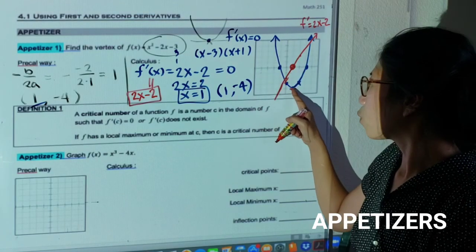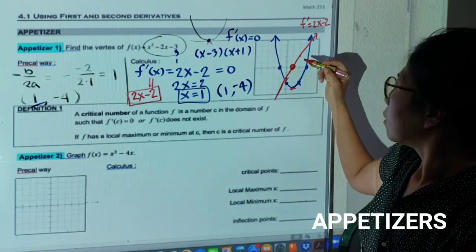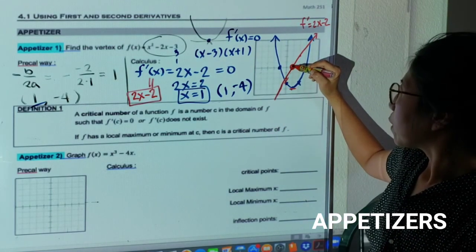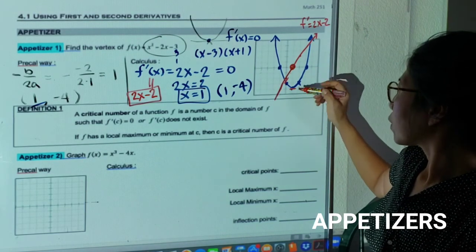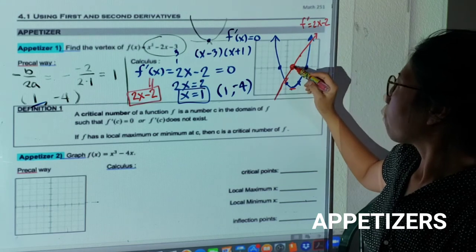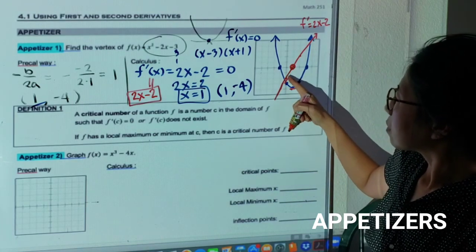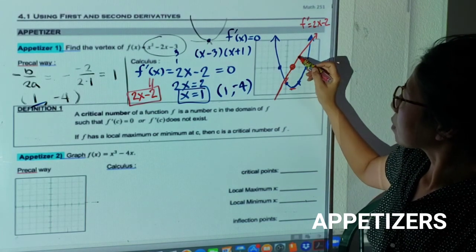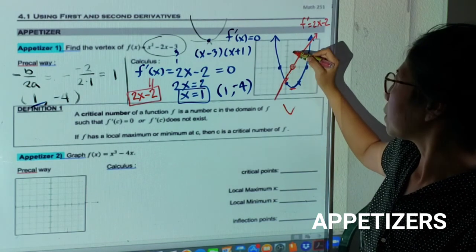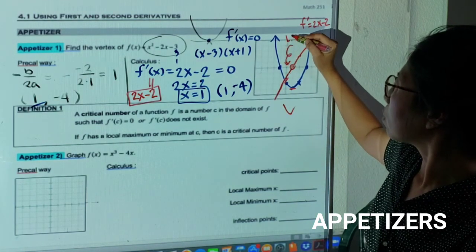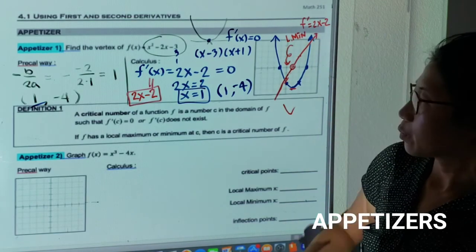My original function is decreasing. If my derivative function is above the x-axis, that means my original function is increasing. Therefore, this means decreasing, this means increasing. Decreasing, increasing. That means at that moment, it has to be a local minimum.